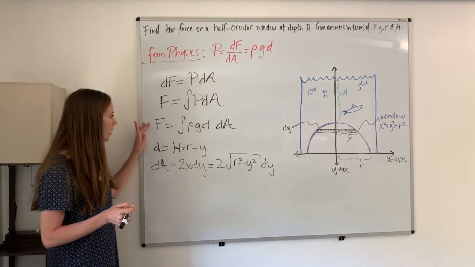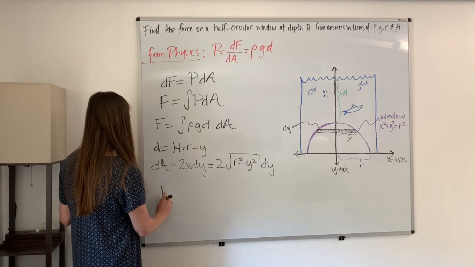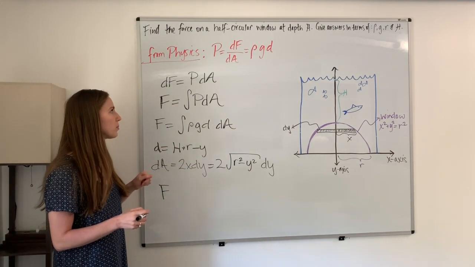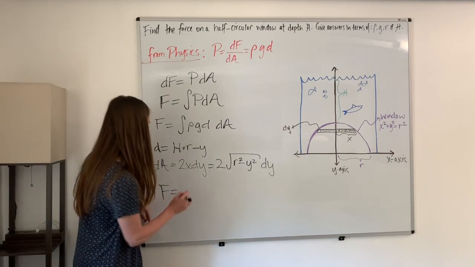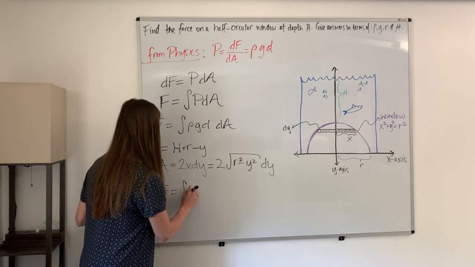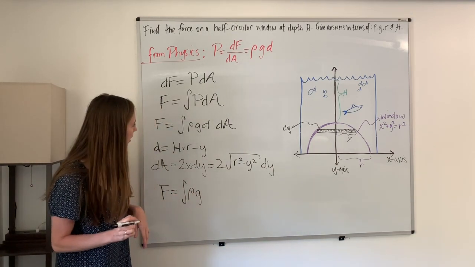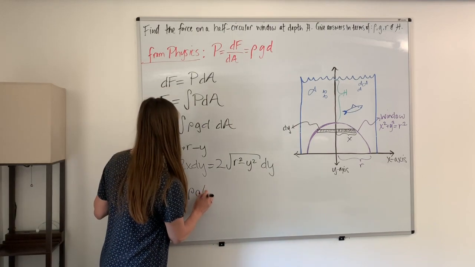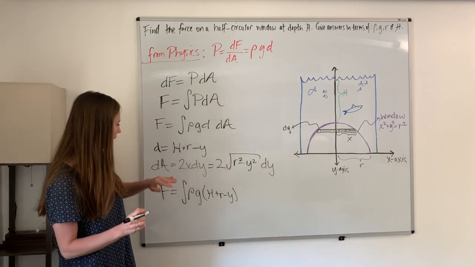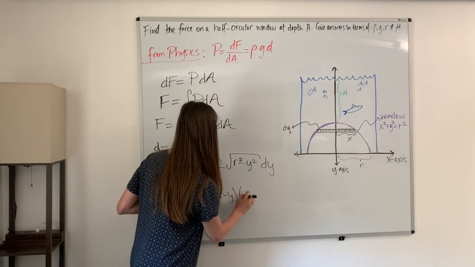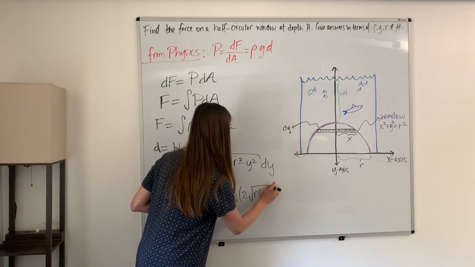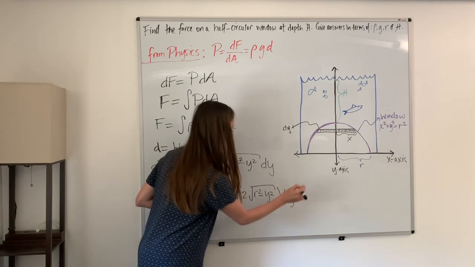So now we can finally set this up. We have that the force exerted on this semicircular window by the water above it is the integral of rho times gravity times the depth, so times h plus r minus y, dA, so times 2 root r squared minus y squared dy.